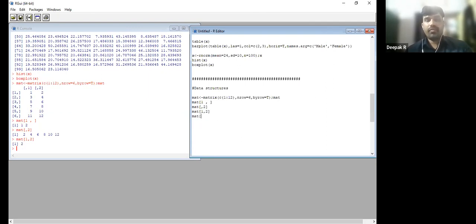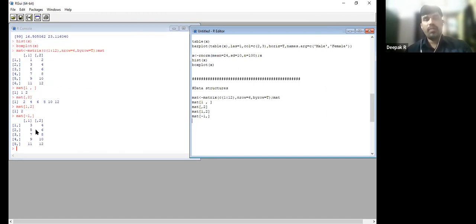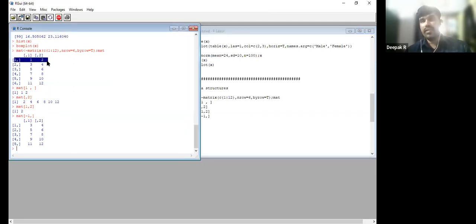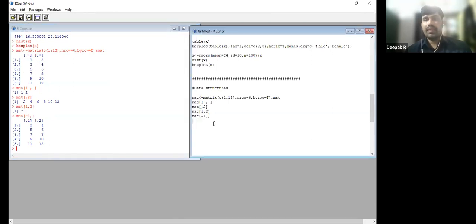Now, if I use the minus symbol, it designates that leaving out the first row, give me all the rows across all the columns. If I go for it, you will notice that it does not consider the first row, and it considers all the values which belong to the rest of the rows.